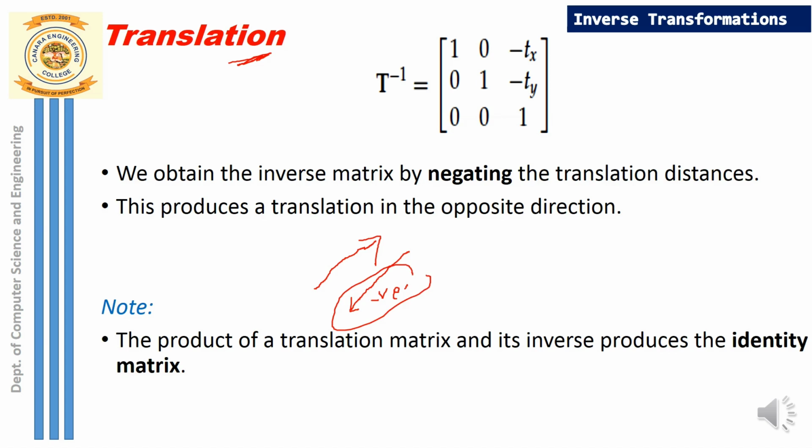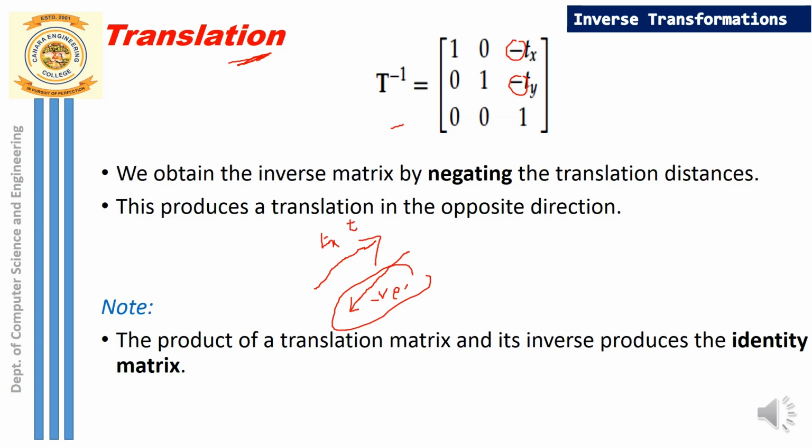And what is the matrix? Translation matrix remains the same, 1 0 tx, 0 1 ty, 0 0 1, but all that changes is the sign. Since it is a backward translation, not the forward, you need to write the translation factor with the opposite sign. Earlier for the forward translation, translation factor was tx and ty.